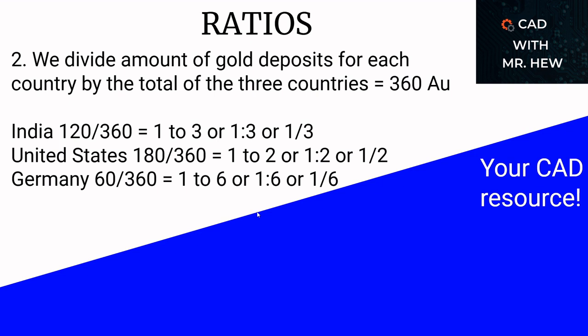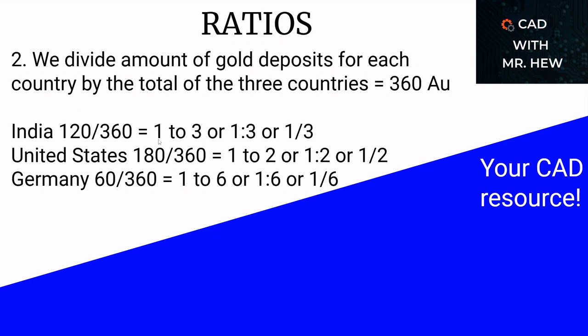So that's step 1. Step 2, we're going to divide the amount of gold deposits for each country by the total of the 3 countries. And the total, as we did in the previous slide, is 360 AU. So therefore, we would have India having 120 divided by 360.